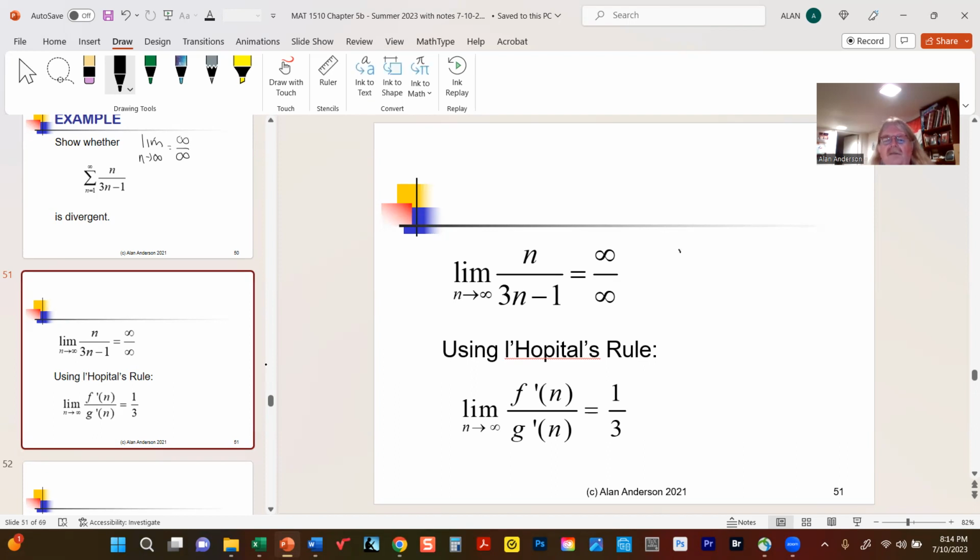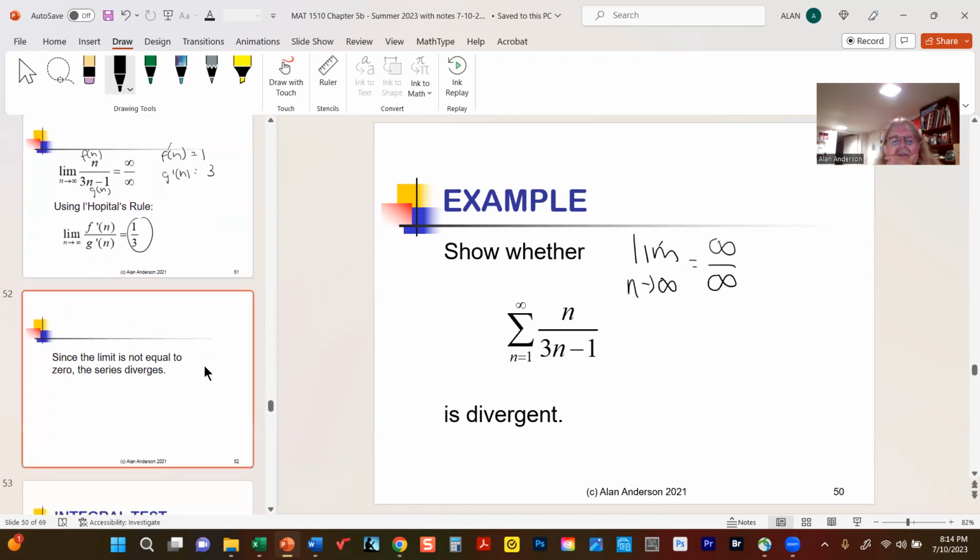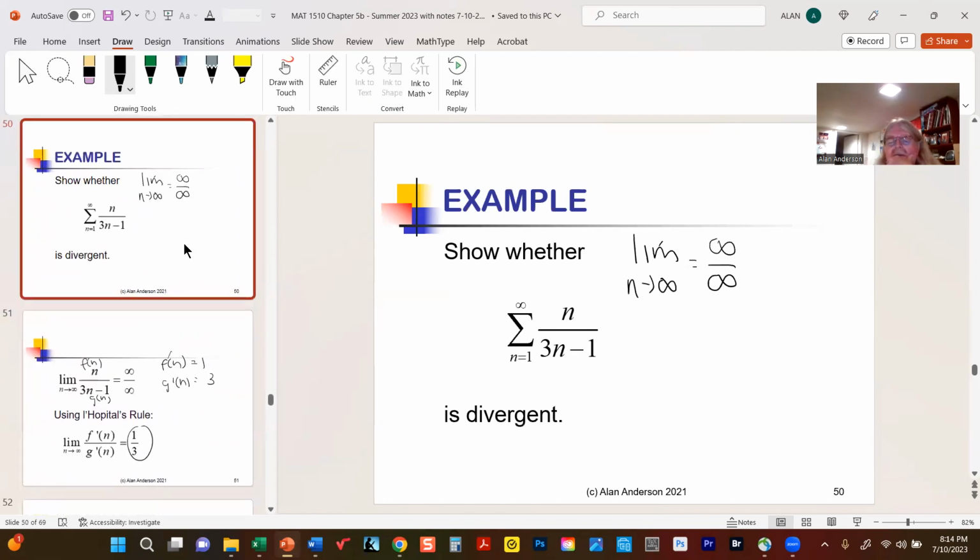And of course, f prime of n, if this is our f, and this is our g, f prime of n would simply be 1. g prime of n, that's so simple. So we end up with the third. The problem is that that's not 0.